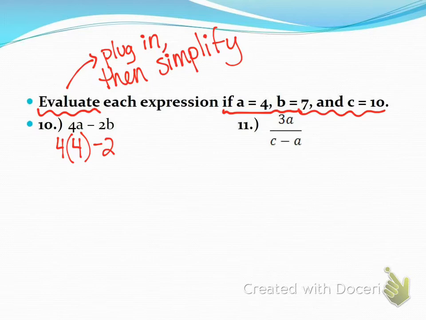If you use a little multiplication x, that's okay, but in this class, x's are usually reserved for variables. But you need to do something to make sure that you know that 4 is getting multiplied by the 4 that goes in for A, and 2 is getting multiplied by the 7 that goes in for B.